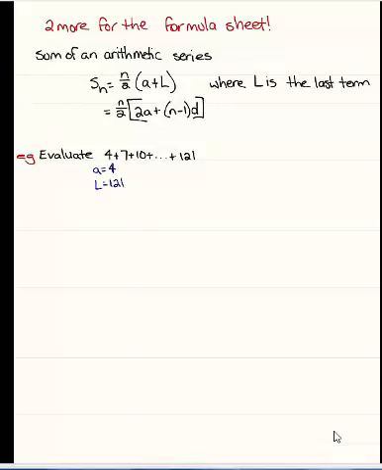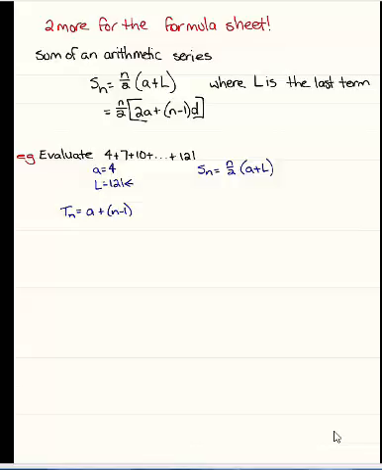If you go back to our formula, we've said that Sn is equal to n over 2 outside of a plus l. So which of those variables are we missing? We don't know n. We don't know how many terms there are. So what we're going to do is use this 121 to work out what n is. For that, we need our Tn formula.